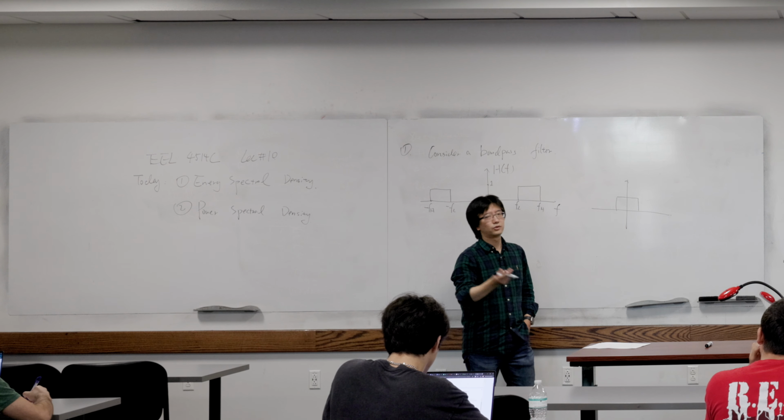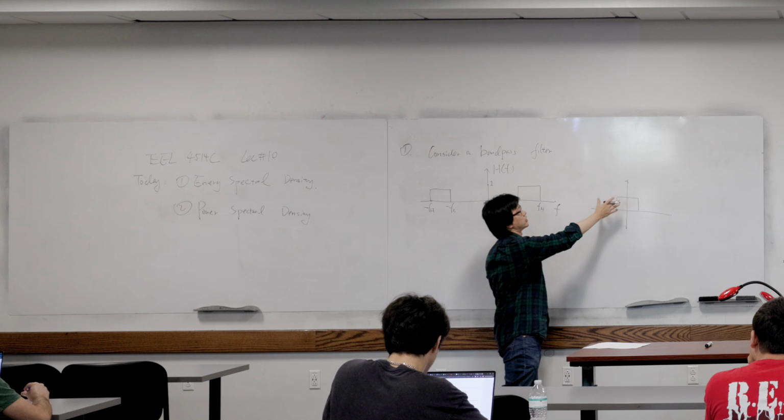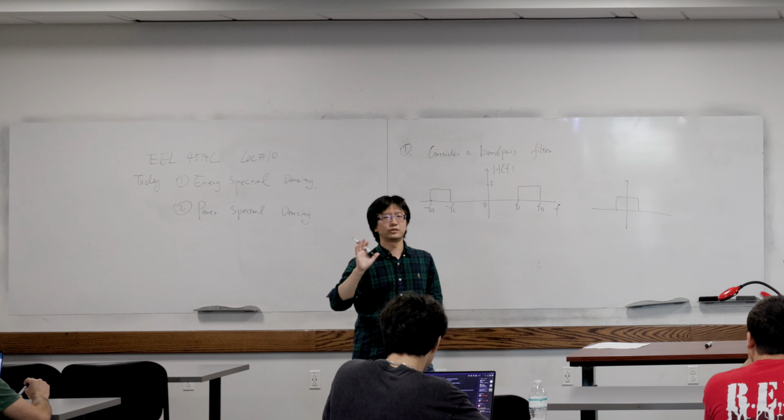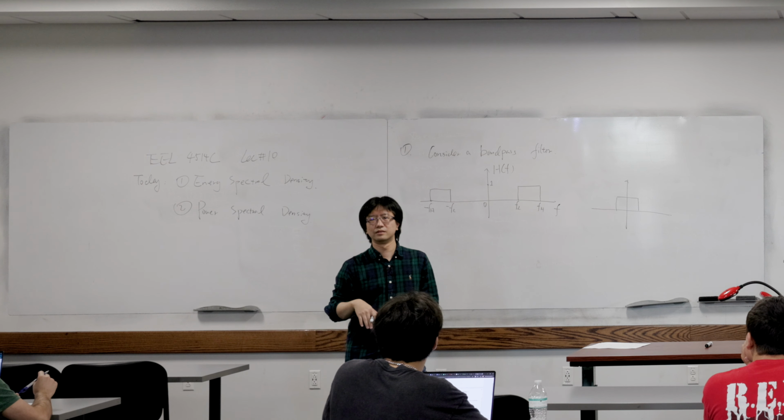Of course, what you use there is not exactly this shape. It may have some weird shape. By the way, did anybody check what you're using in your lab 1 for the low-pass filter? Did you check the exact shape of that in the frequency domain? No? If you're interested, you can check.